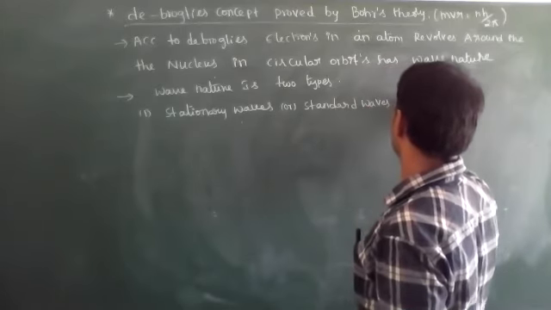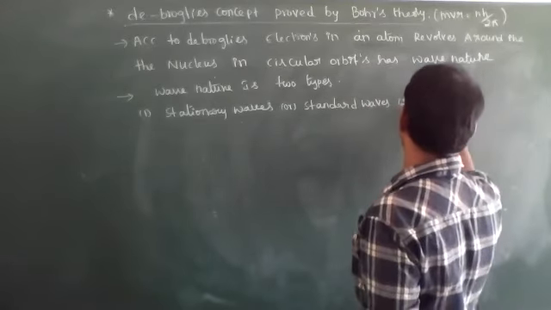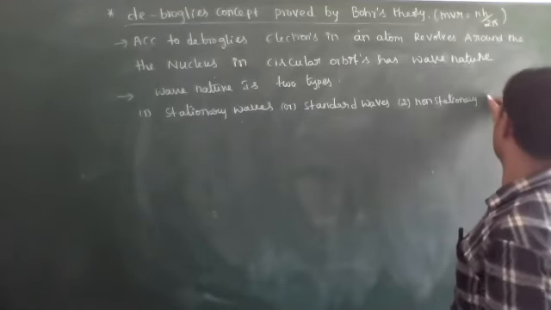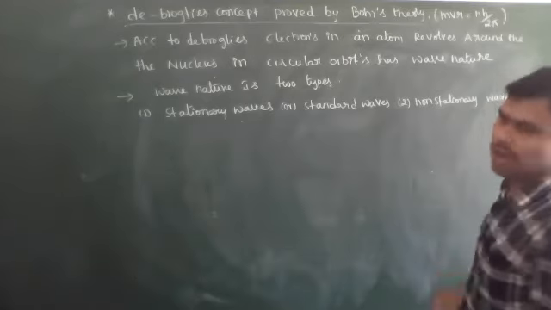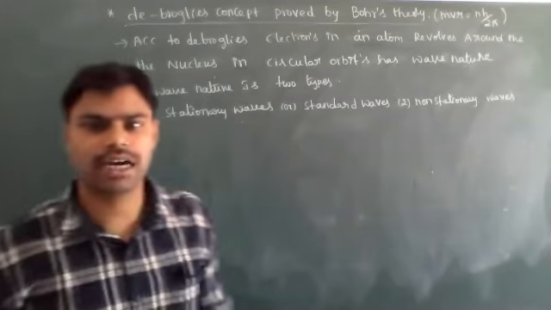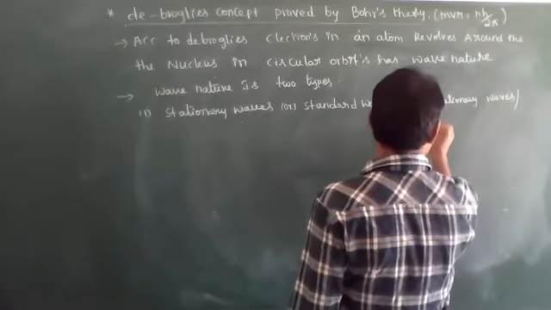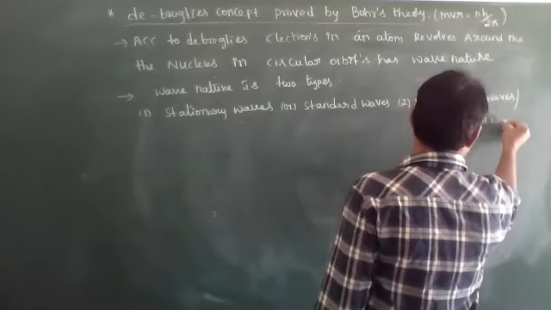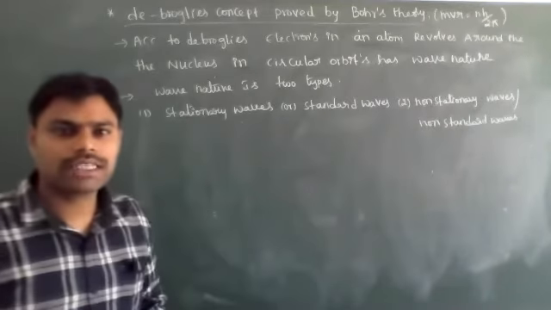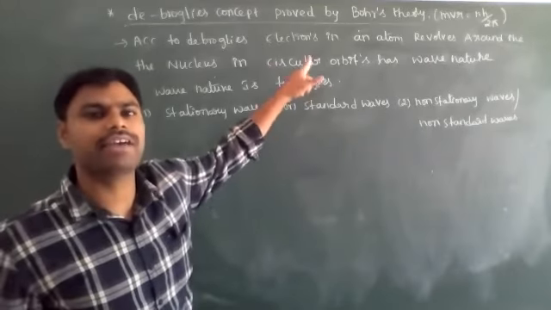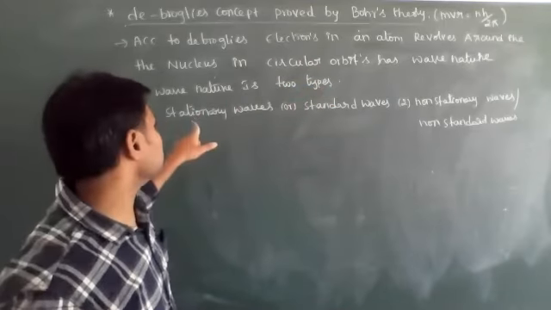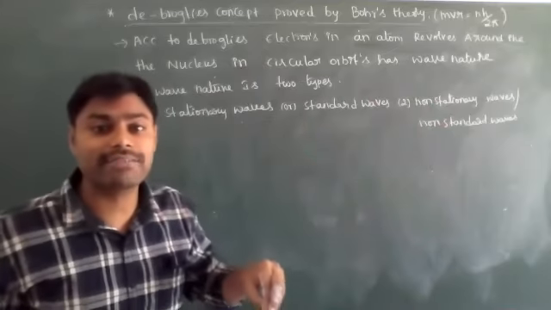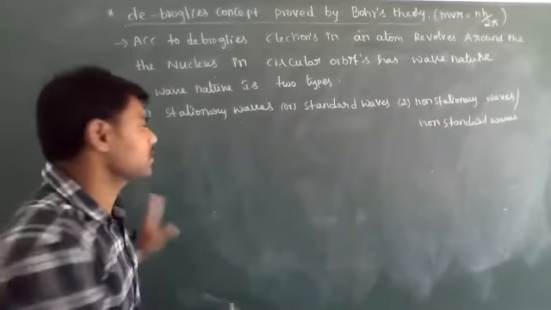The second one is non-stationary waves, which are non-standing waves. So the electrons revolve around the nucleus in circular orbitals having wave nature. So always they have standing wave nature only, but not non-standing wave nature. But what is standing wave nature? What is non-standing wave nature? First we discuss that.